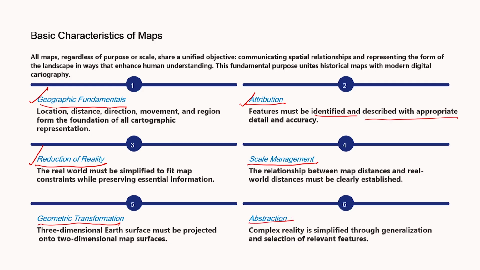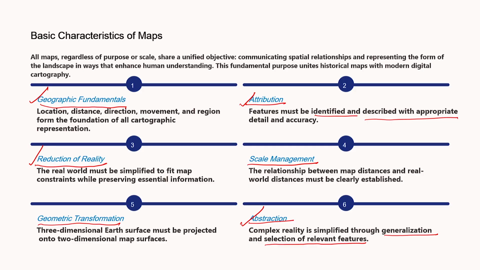Finally, abstraction. What is meant by this? Complex reality is simplified through the generalization concept and selection of relevant features. So, it is abstract, we try to apply cartographic grammar and cartographic techniques to represent all geographic features.